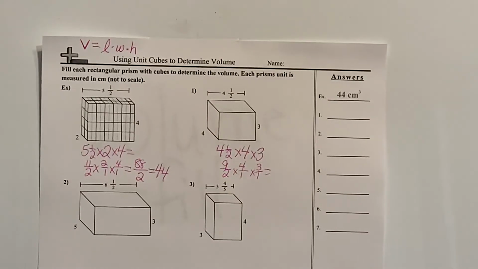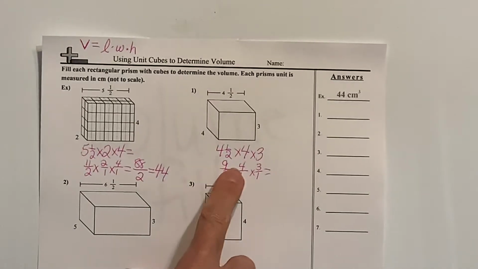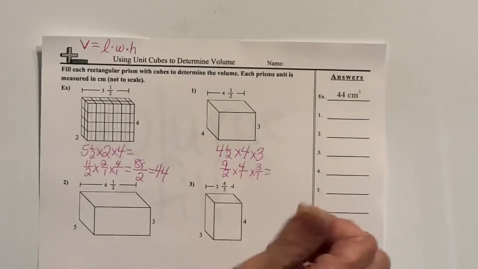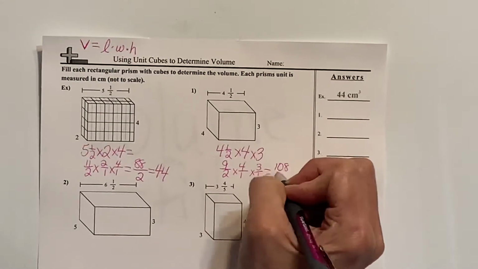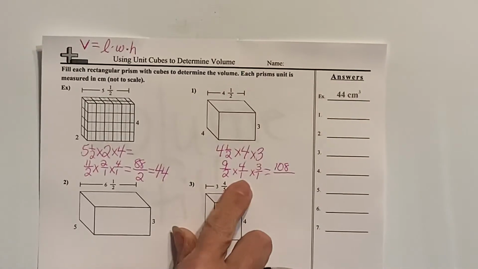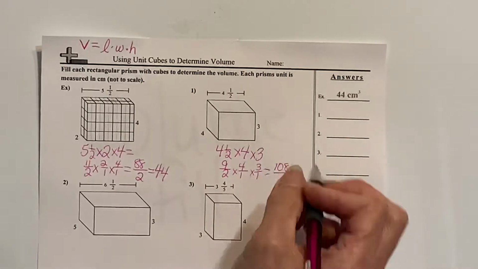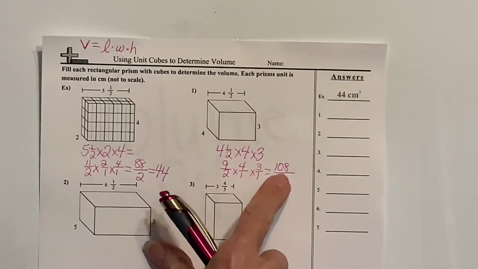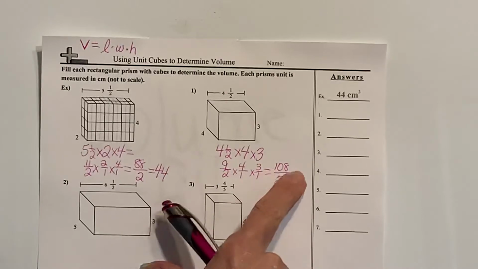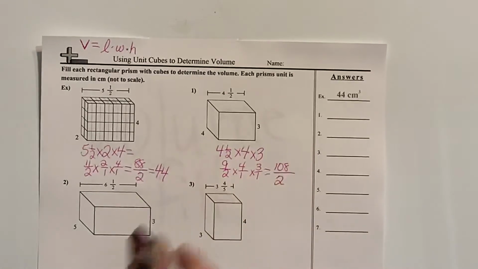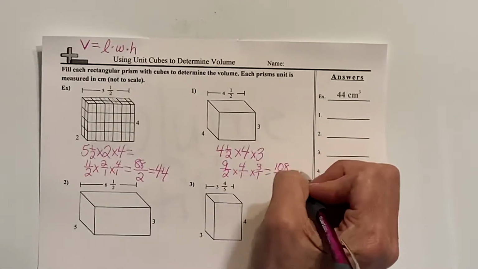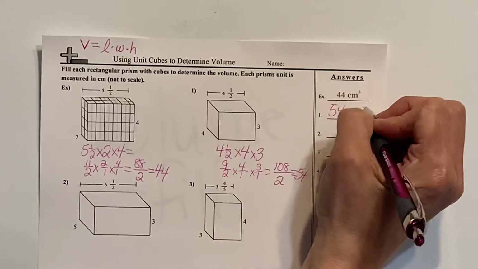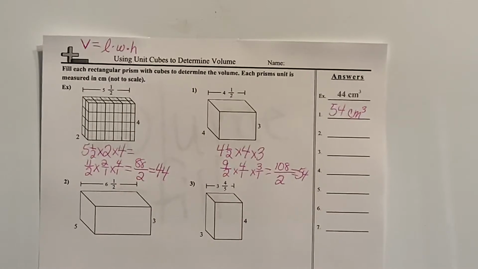So then when I multiply this across, I've got 9 times 4 is 36. 36 times 3 is 108. 2 times 1 is 2, times 1 is 2. So when I take 108 and divide that by 2, because that's what the fraction sign means, it means divided by, that gives me a total of 54 centimeters cubed.